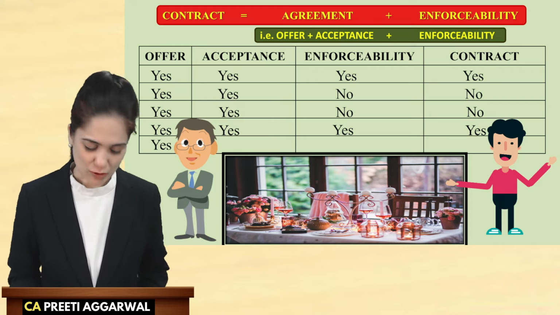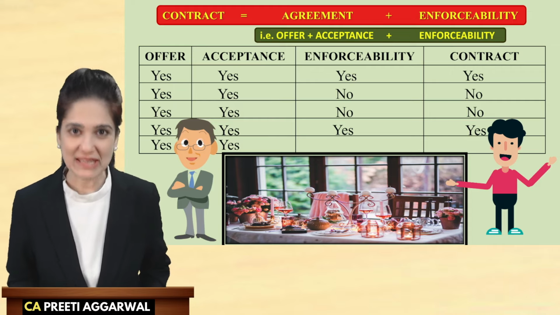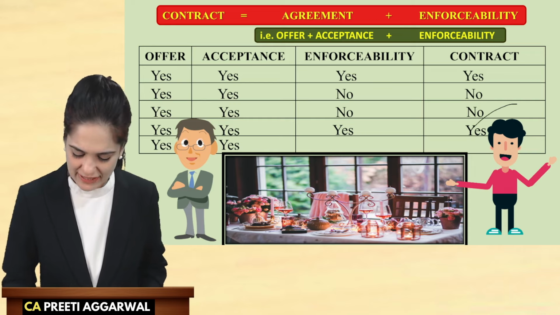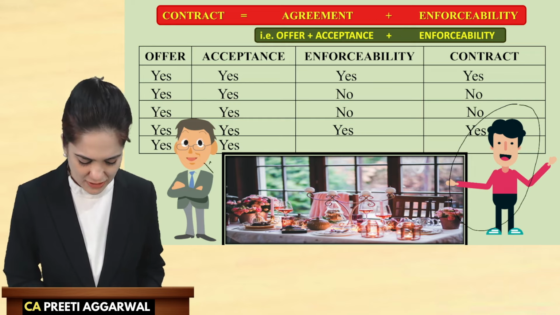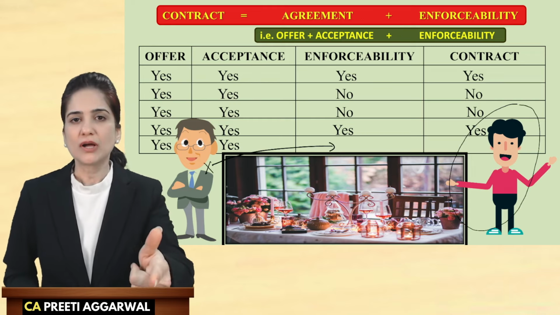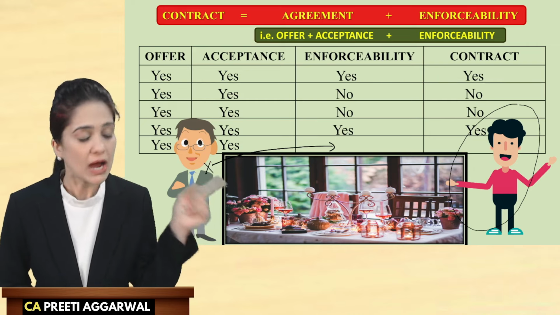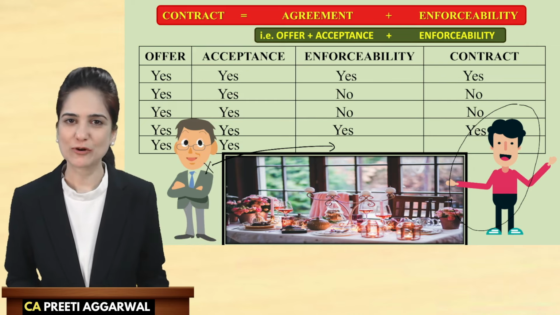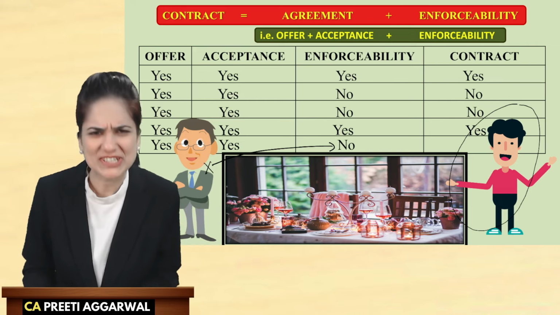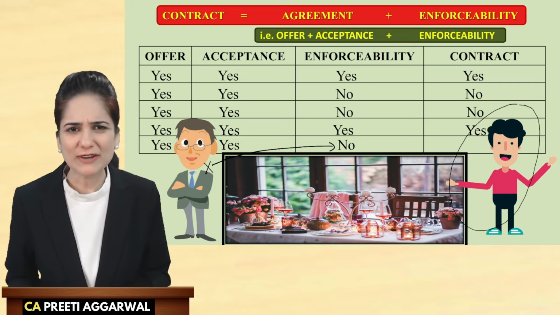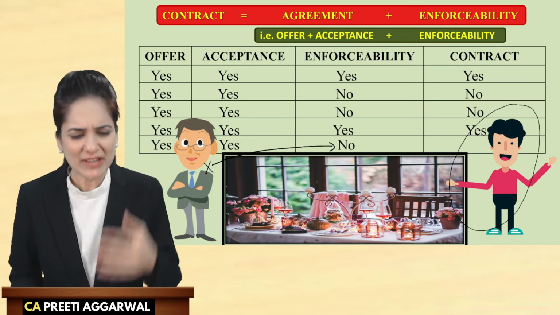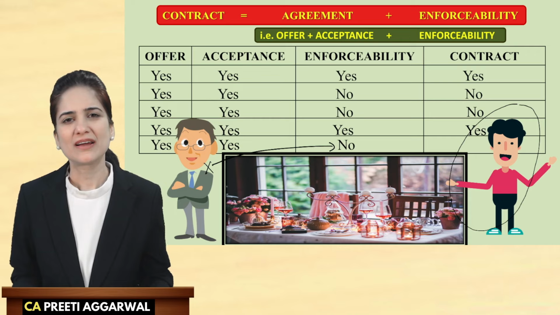Yes. Was it accepted? Yes. If Y did not turn up, can X go to the court and say, Judge, he wasted all the food. Arrest him. Is it enforceable? No, he's just our friend. We will not file a case against our friend. We never even thought of it. Is it a contract?